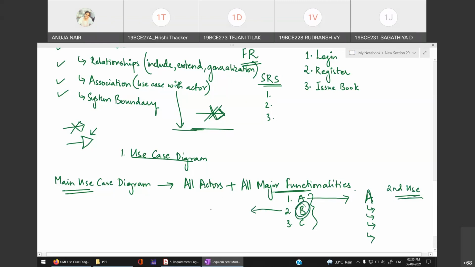So then it will be a third use case diagram. And then C also will have some steps, because we have written only the main use cases. We have not listed all the use cases in the first use case diagram. So then this will be your fourth use case diagram.